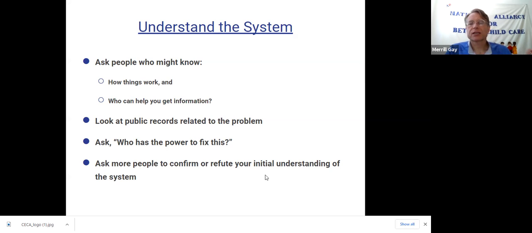So asking around, getting a sense of how things work, getting a sense of who might have the power to fix the problem, and then going back and testing that with some more people will help you get a better sense of who has the power to fix the problem that I'm trying to get fixed.